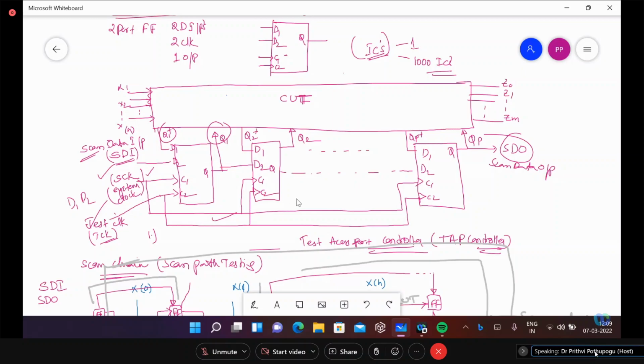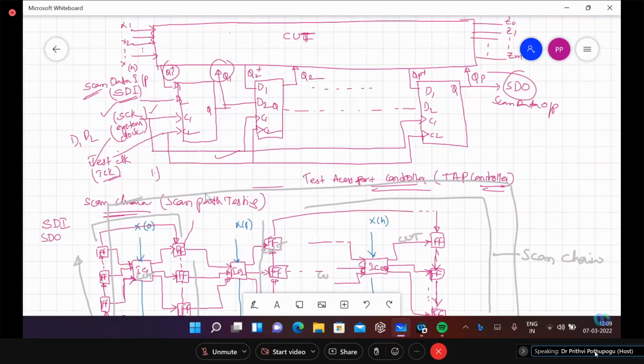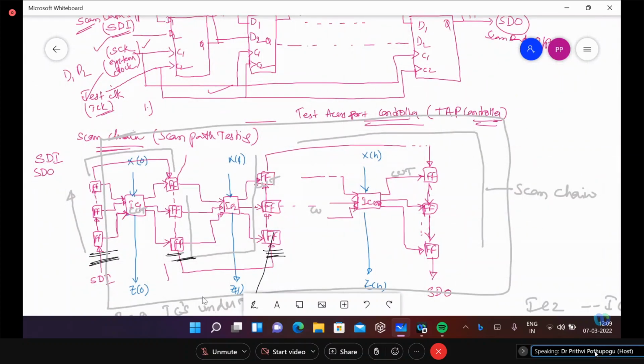Okay, and such dual ports, if you take them and put them into a path, it becomes the scan path for testing multiple circuits of similar sort with the same test sequence.